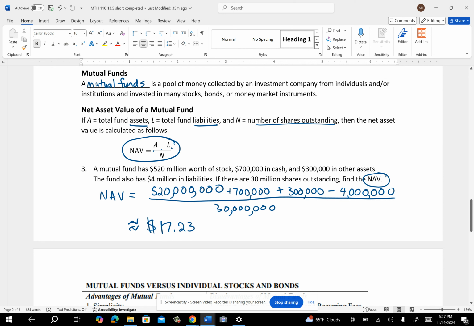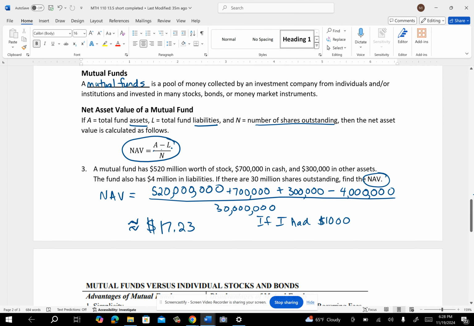So here's how that would be used. Say I had $1,000 that I wanted to put into this mutual fund.